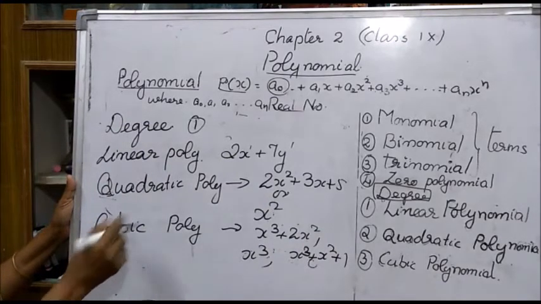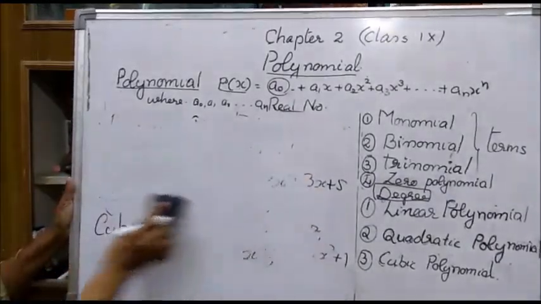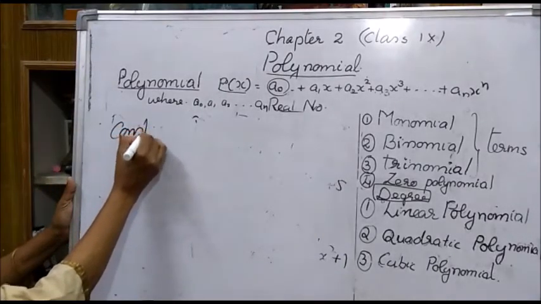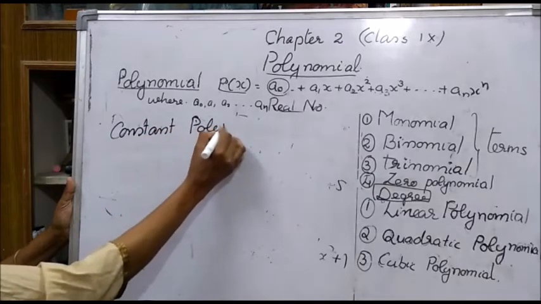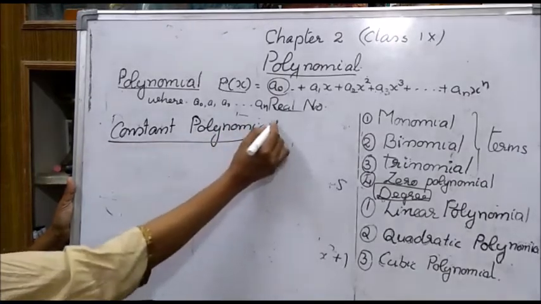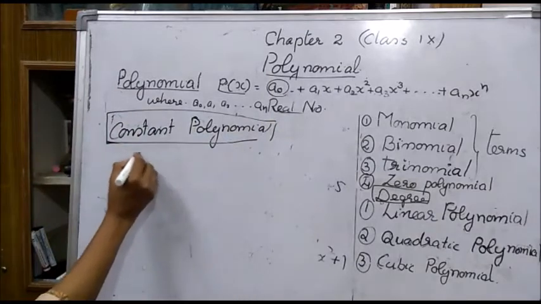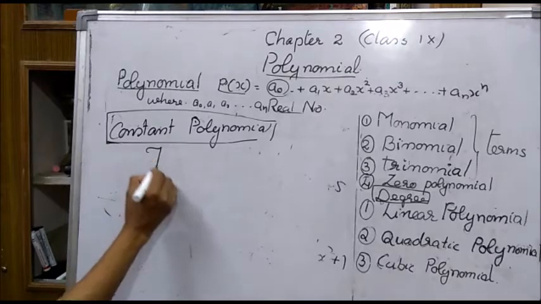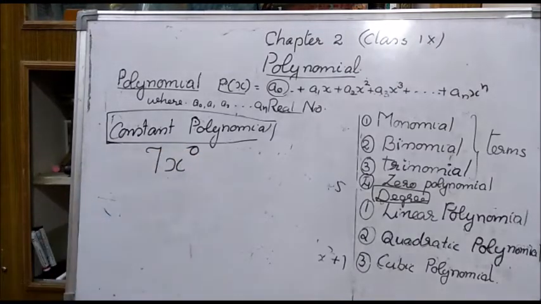And one more, constant polynomial. Constant polynomial means there are no variables. It can be written as 7, but there is a variable because 7 can be written as 7x power 0.